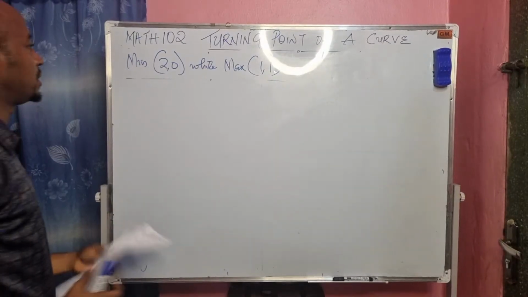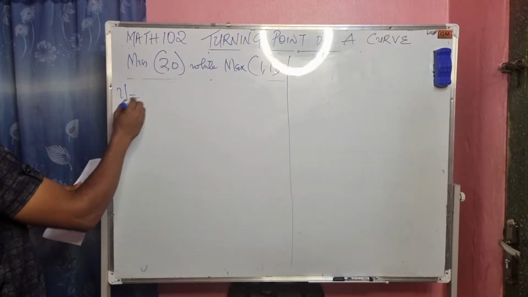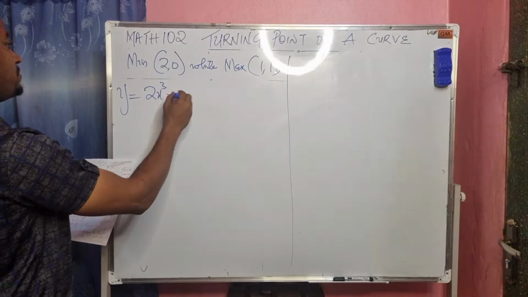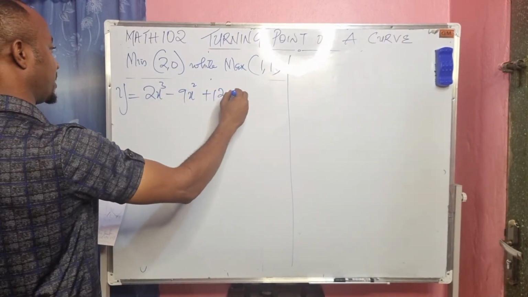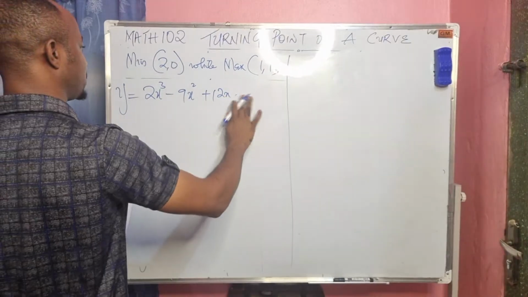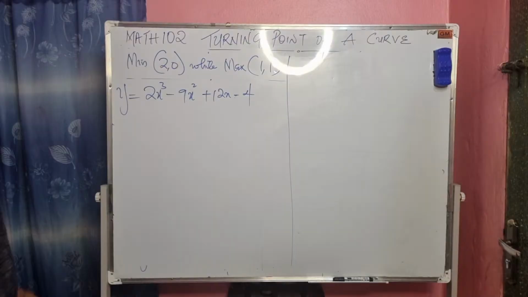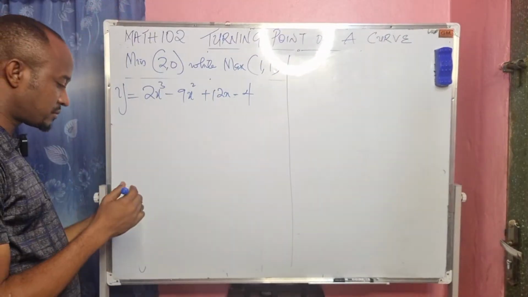And we are told that the value of y is equal to 2x cubed minus 9x squared plus 12x minus 4. All right?